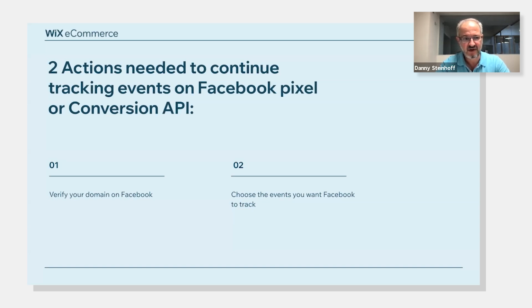These are two actions that we need to do: a domain verification, and also we need to choose 8 events, the 8 most important events for your business, which will obviously be different from one user to another. But I will show you how to set those events with Facebook and Wix systems.